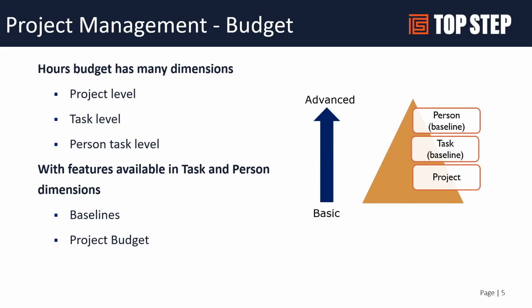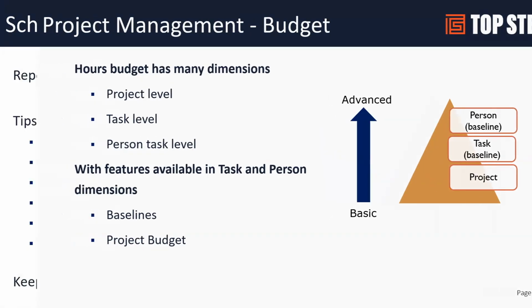There's also a feature called Project Budget, which we'll get into in more detail in later slides. It's a newer feature within the last couple of years, and there are definitely some benefits to using that feature to do your project planning. Again, we'll go into that shortly.